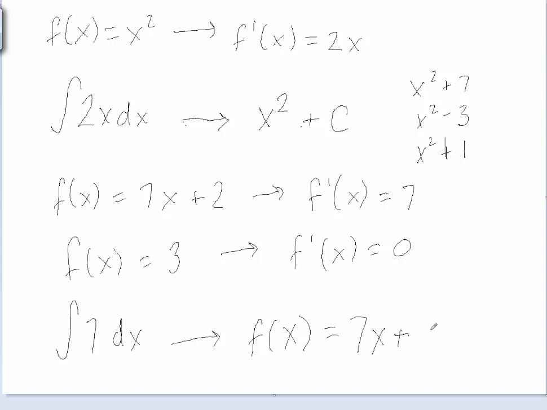But then again, we're going to add the constant c to say, well, there are a bunch of lines that have a derivative of 7, a bunch of lines that have a slope of 7. The only thing that's different about them is their y-intercept. So that's how we can get that antiderivative.